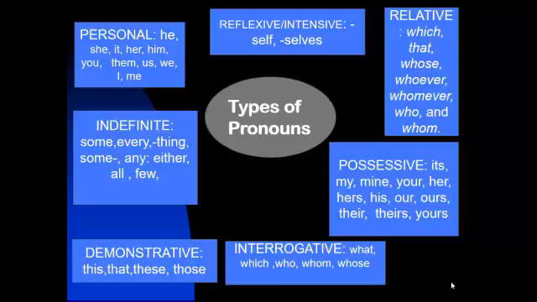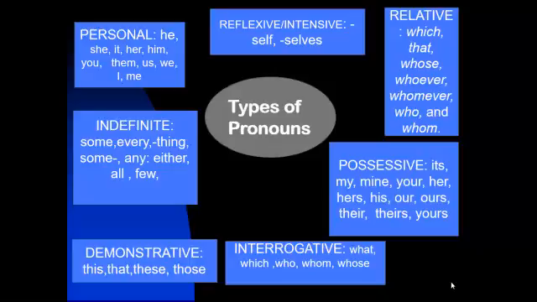The reflexive pronouns and the intensive pronouns are the same set of words. The difference is in the way they are used, which we will discuss in the next part of this lesson.